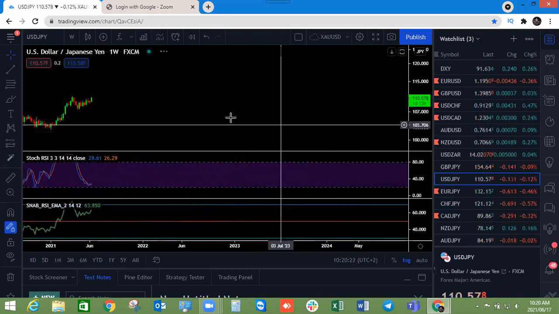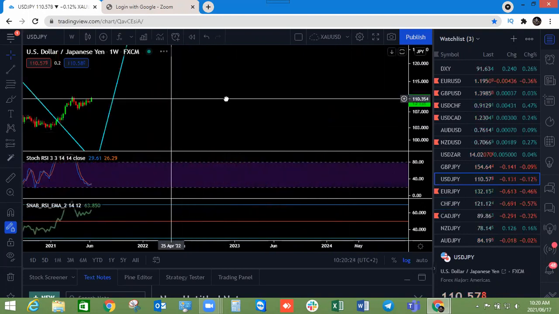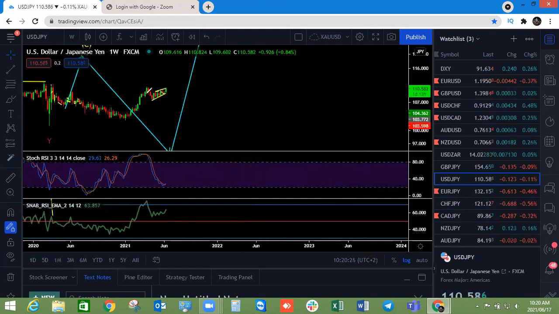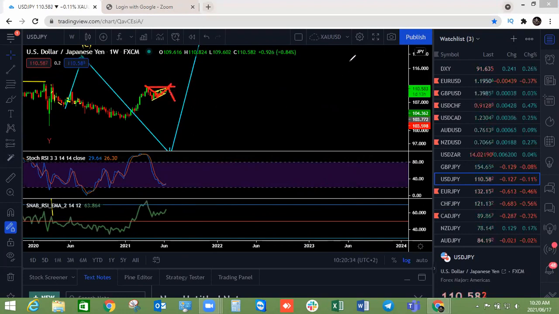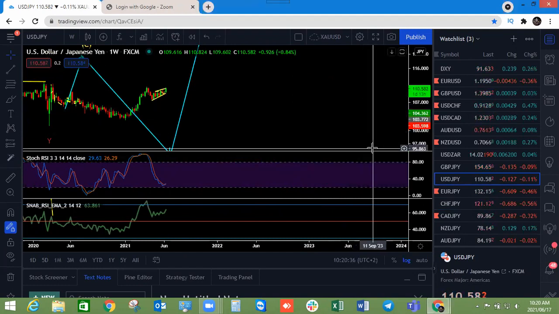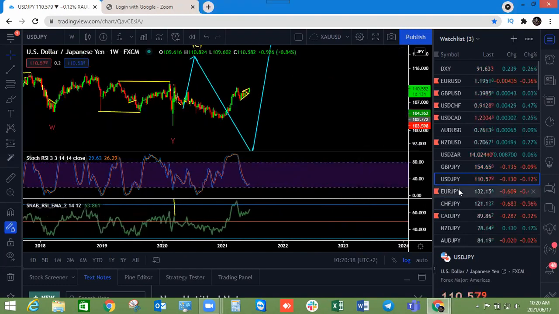Okay, Euro and Chief. Just to go back to US dollar yen, this is the bigger structure on the weekly. This can also reach the 111 that we were speaking about and start pulling back together with the Euro and the Chief. So if the yen pair starts pulling to the downside, that means there's uncertainty in the market and people would want to put their money again on the yen pairs.